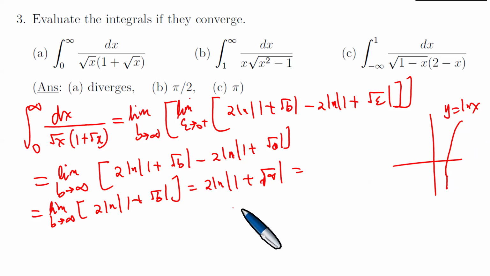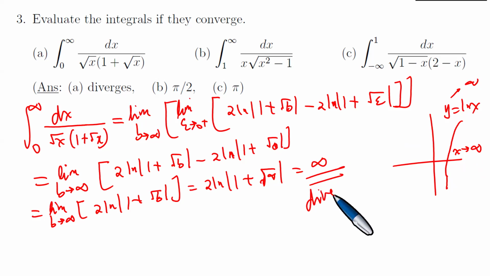If we take the limit as x approaches infinity, this graph also approaches infinity without bound. And therefore, this becomes infinity, and therefore, it diverges. Okay, think about this and see if you have a question on this kind of problem.